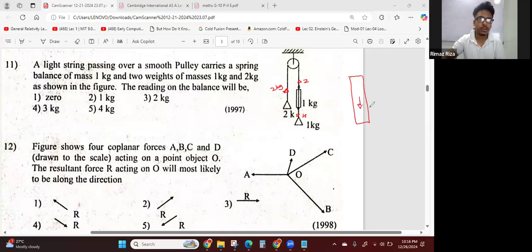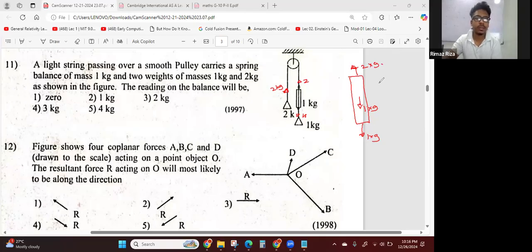Its weight downward is 1 kilogram multiplied by g. I'll omit the unit kilogram and write 1 into g. This one is pulling downward 1 kilogram into g, so 1 into g. This one is pulling upward with the tension, 2 kilogram into g.